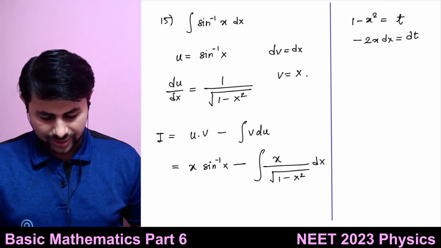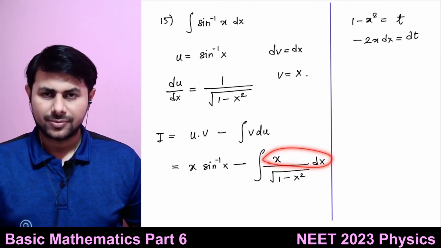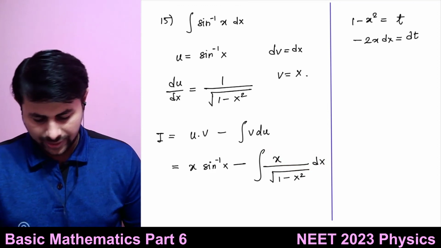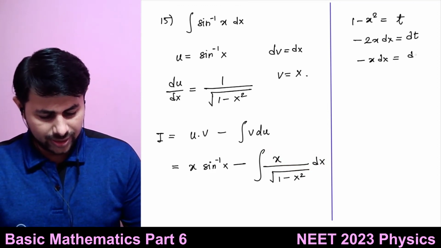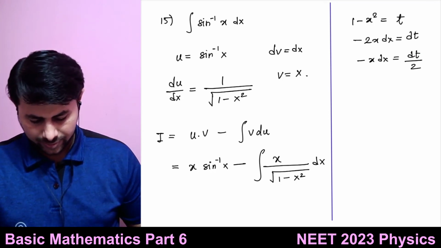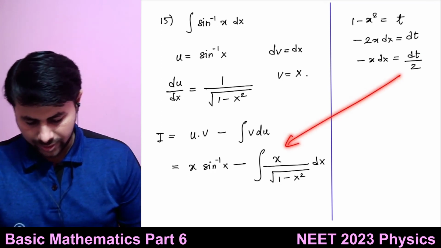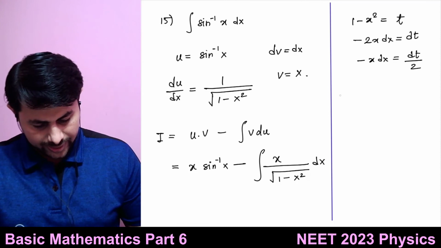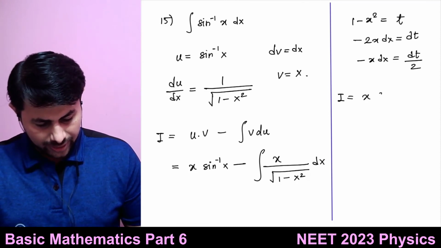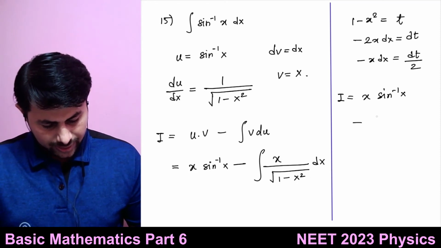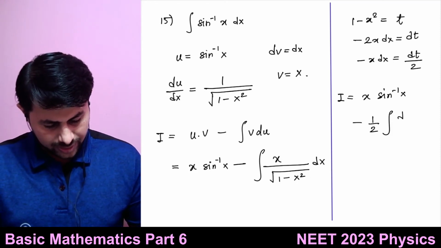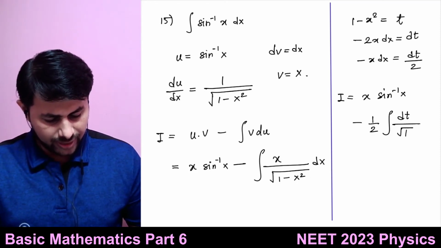And I have x dx over here, so x dx equals dt by 2. So we can put it over here. What do I get? I equals x sine inverse x as it is minus 1 by 2 dt by square root of t.